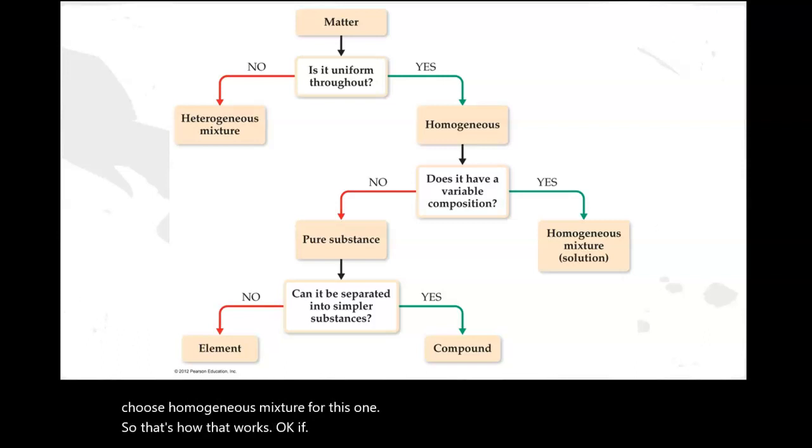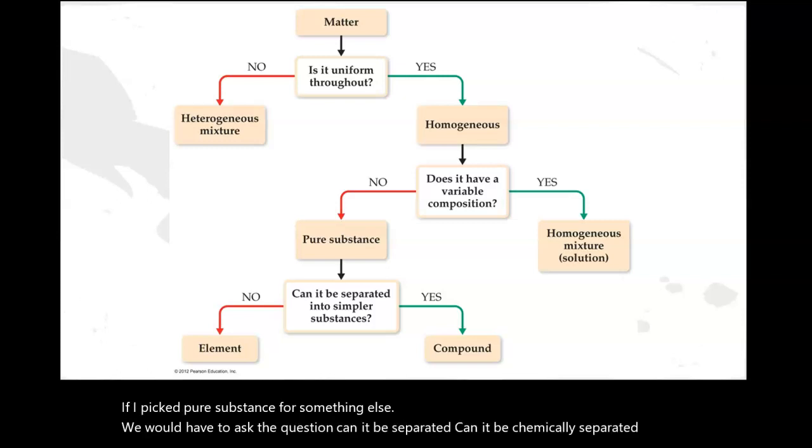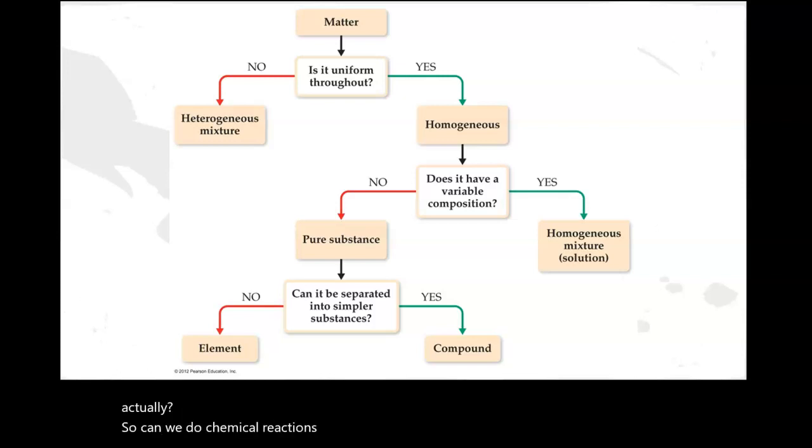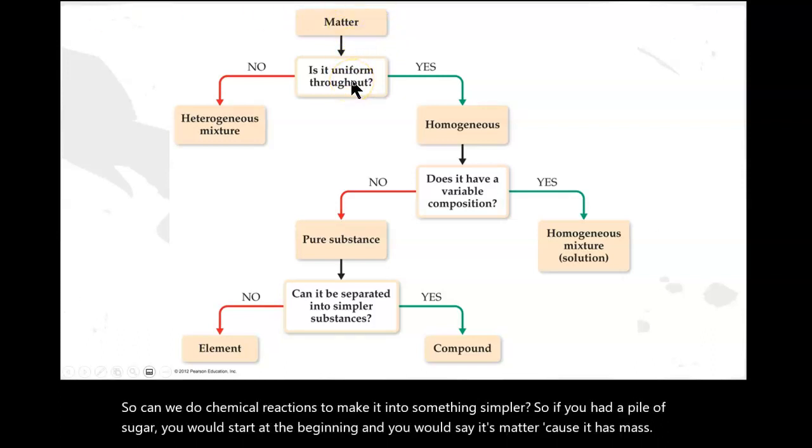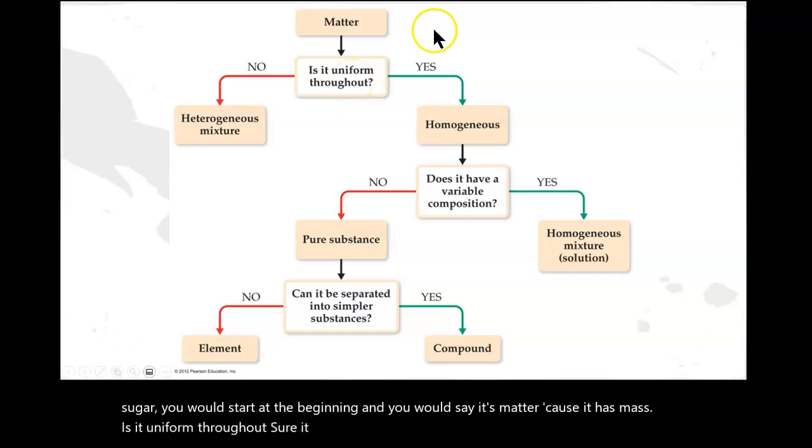If I picked pure substance for something else, we would have to ask the question, can it be separated? Can it be chemically separated, actually? So can we do chemical reactions to make it into something simpler? So if you had a pile of sugar, you would start at the beginning and you would say, okay, well, it's matter because it has mass. Is it uniform throughout? Well, sure, it looks like white crystals.